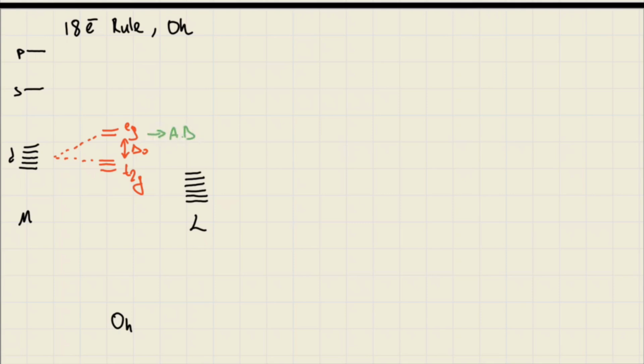And the energy of the s and p MOs increase a little bit, and all of these are also anti-bonding. T2G orbitals are slightly bonding or non-bonding, so we can consider them as non-bonding.